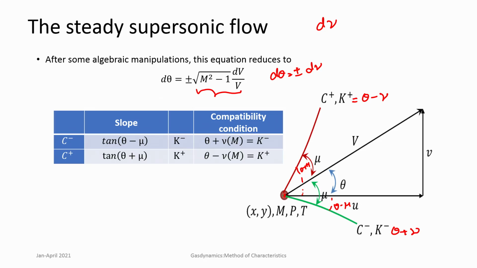Of course, they are in terms of angles and tans and so on. But that can be solved, it is not difficult to solve this. So, the flow field in 2D supersonic flow can be solved using this set, which we will do in the coming classes for specific cases.